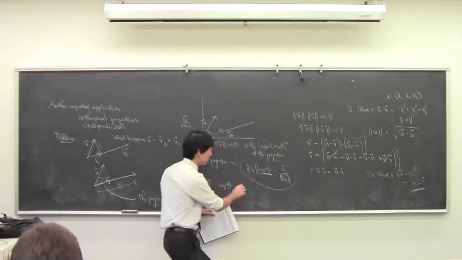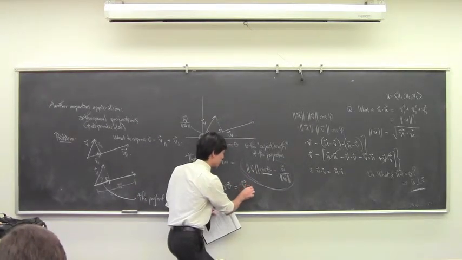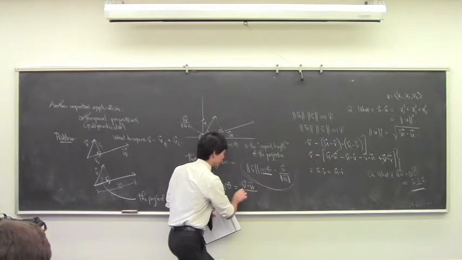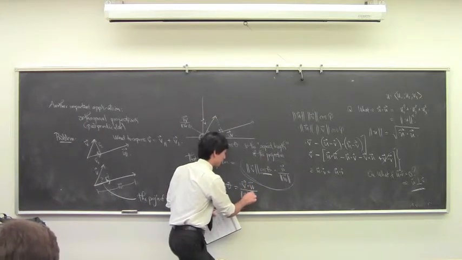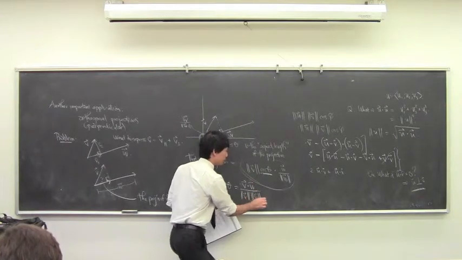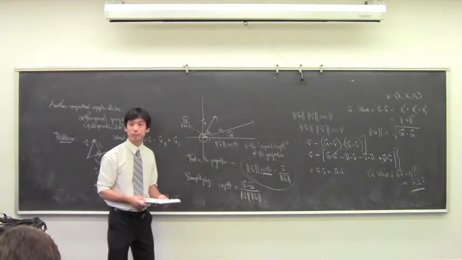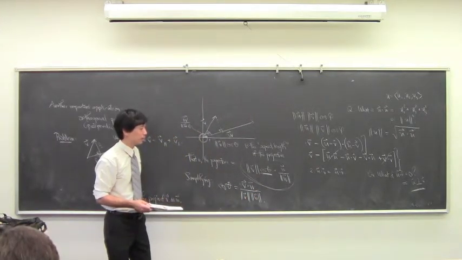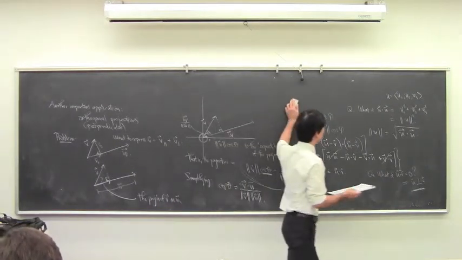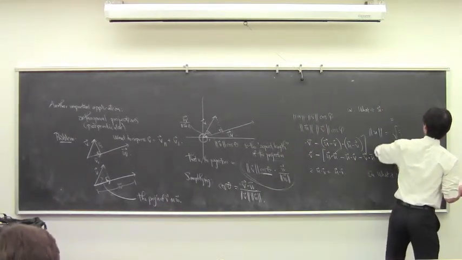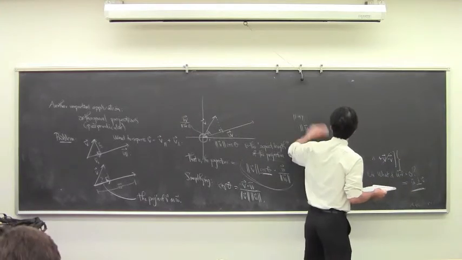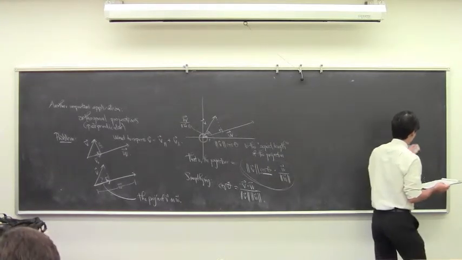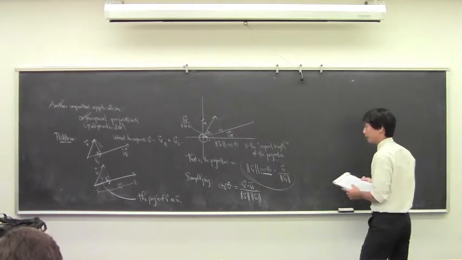It's going to be one vector dotted with the other vector over the product of the magnitudes. So this gives us a formula for the projection.